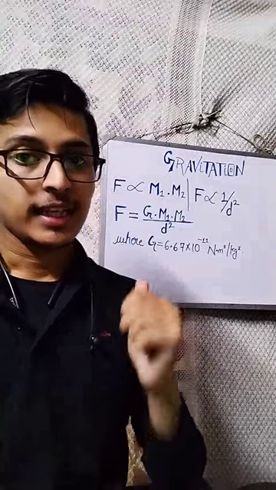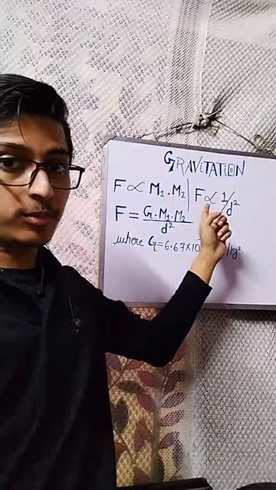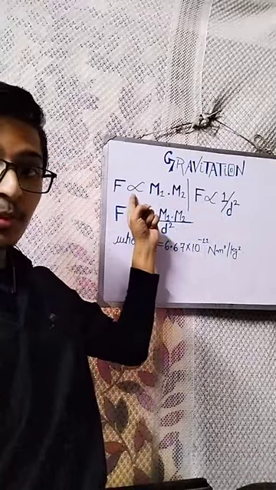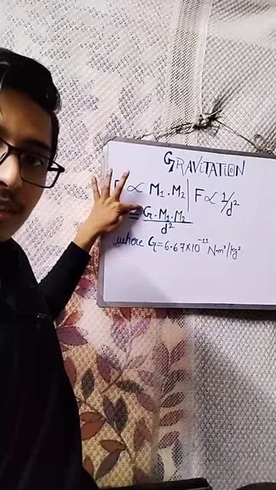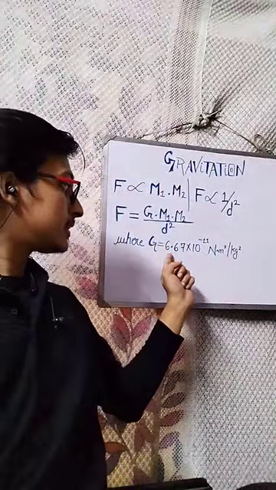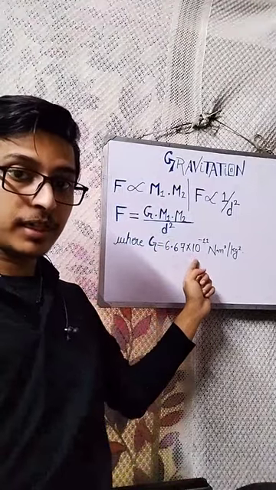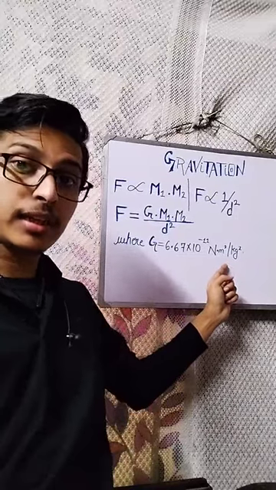So students, behind me you can see I have combined both the snippets of the formula and converted this proportionality sign into an equal to sign by introducing a proportionality constant, that is capital G. And what is the value of capital G? It's 6.67 multiplied by 10 to the power minus 11 Newton meter square per kg square.